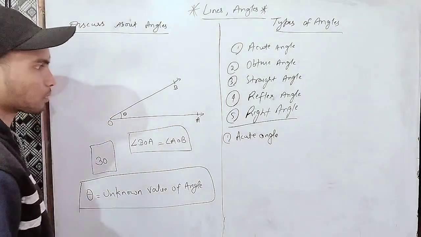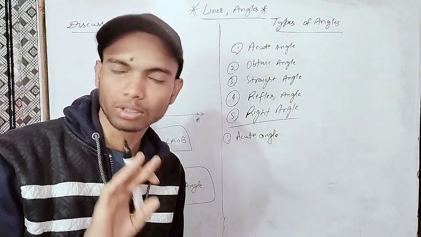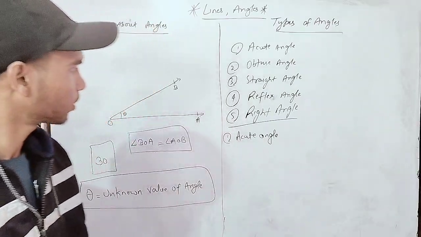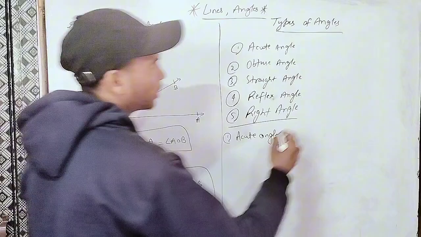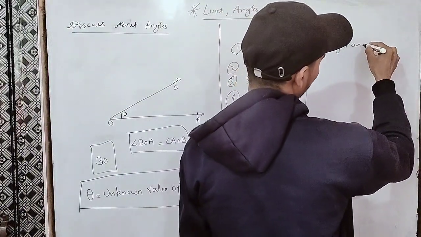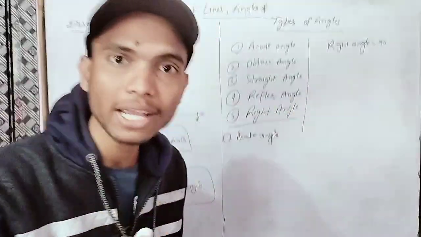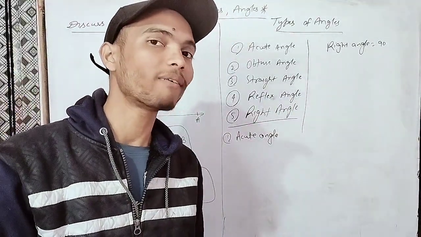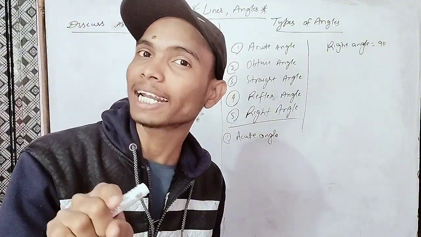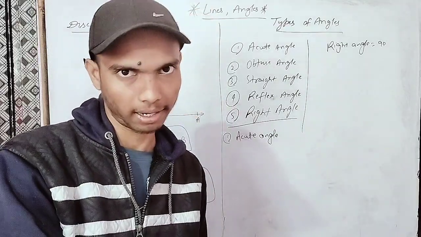Listen, buddy. Right angle means you have an angle of 90 degrees. An angle of 90 degrees, we explain that we have a right angle.